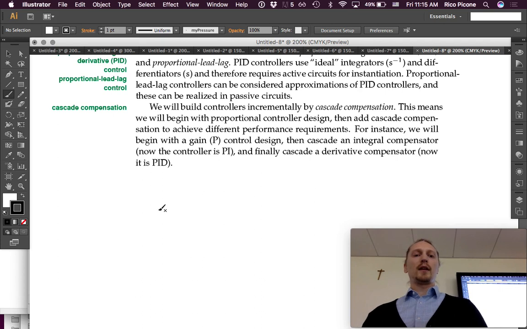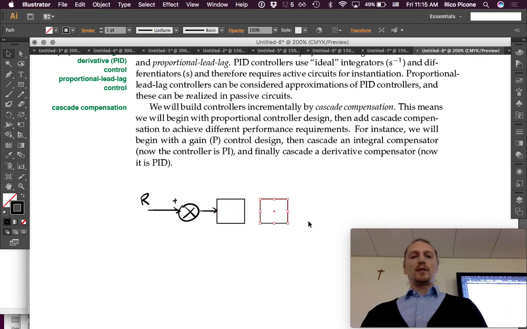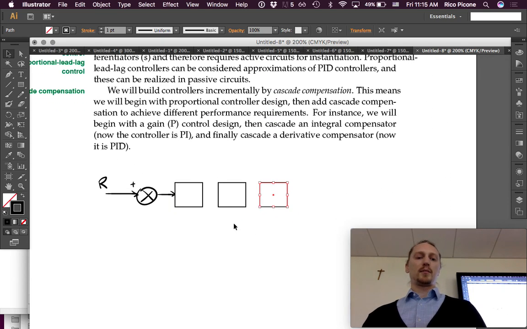So that looks like we have a command R, summing junction, and we're going to go into our controller. What I'm going to do here is give myself 3 blocks for my controller, and I'll explain that in a moment.